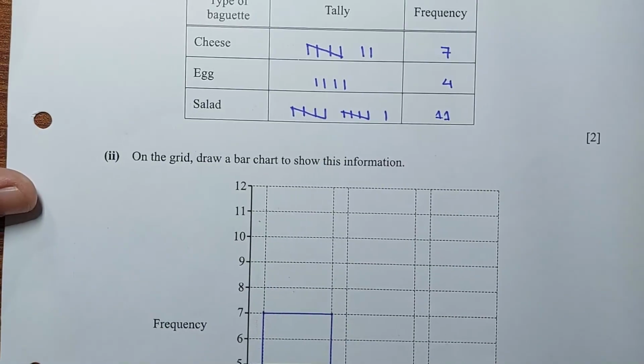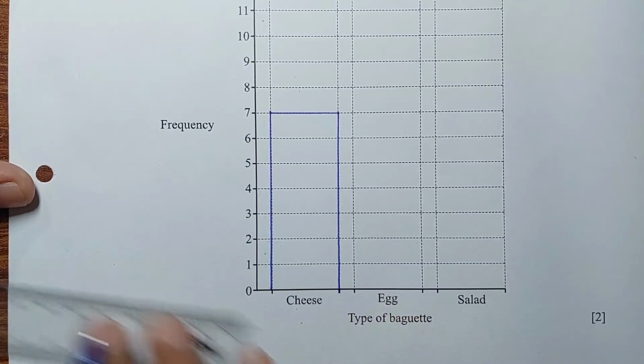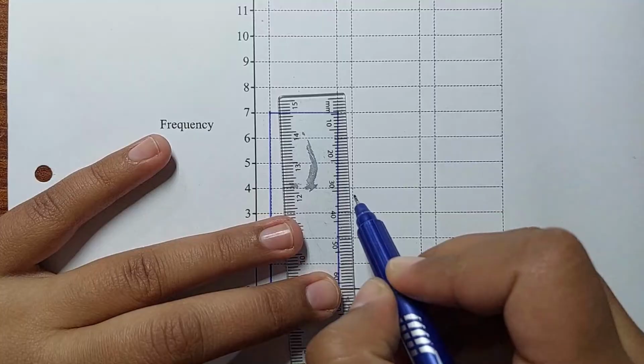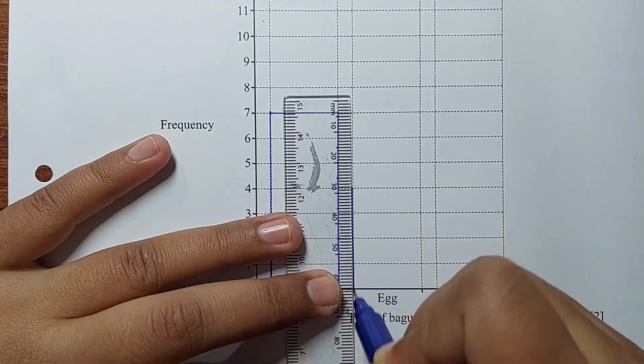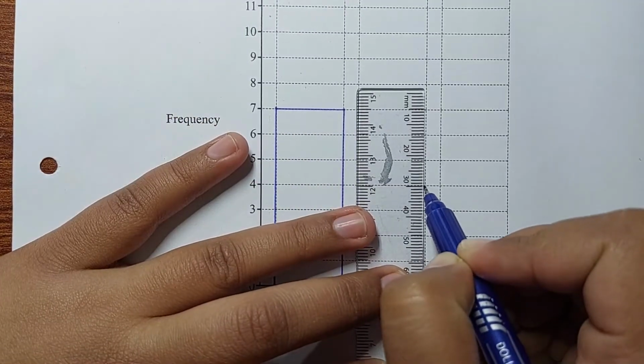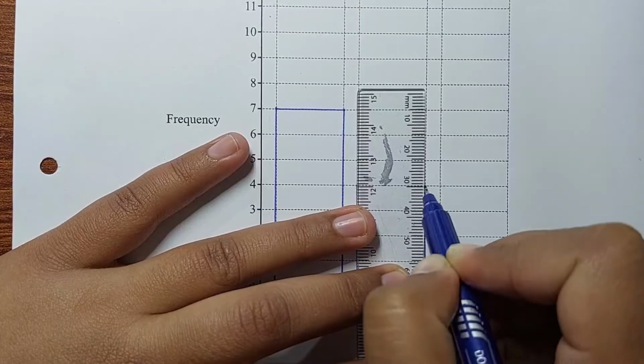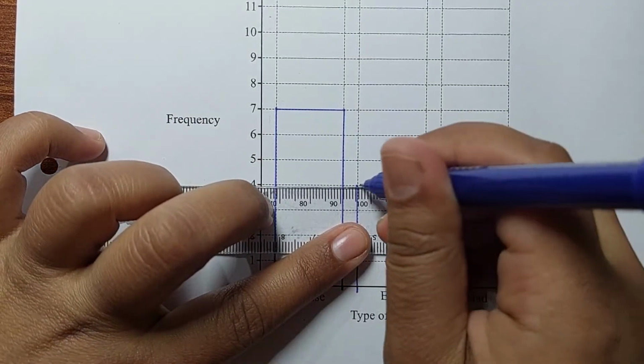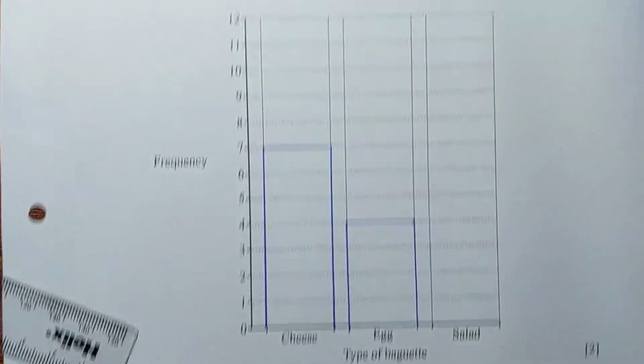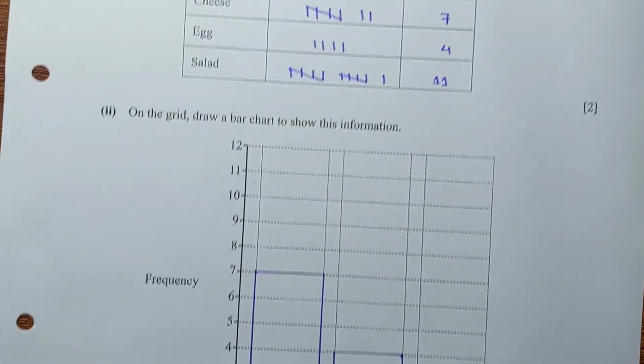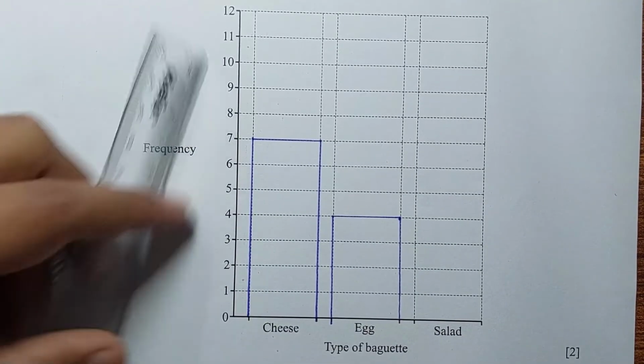The frequency of egg is 4. And the last one is salad, which is 11.